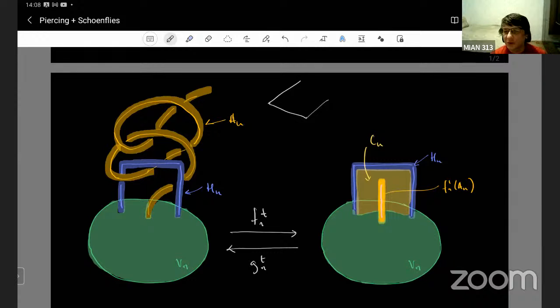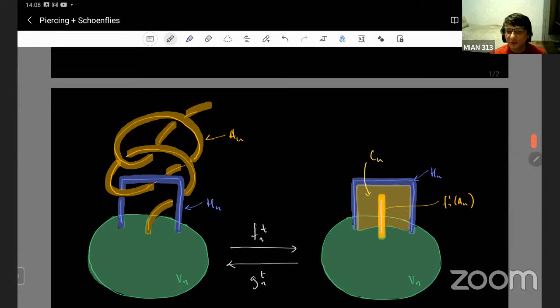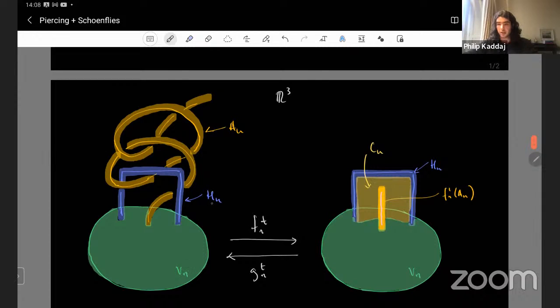It's an isotopy of R3, so that by contracting the arc An, the isotopy that I choose is the identity on Vn and Hn, and then I contract An, and it's a homeomorphism on the complement.